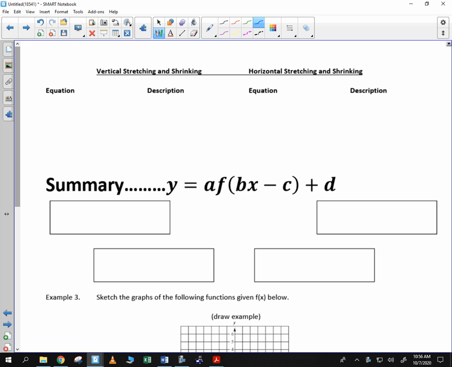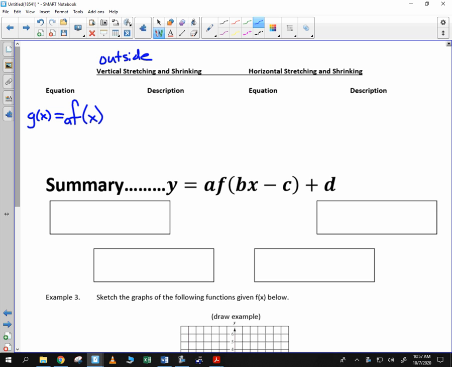For example, if you have g of x is a times f of x, then what happens there is you see the a is on the outside. So it affects the graph vertically.